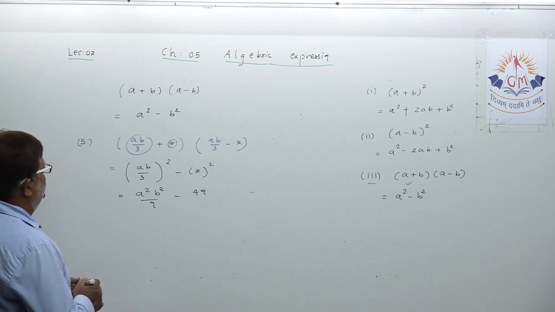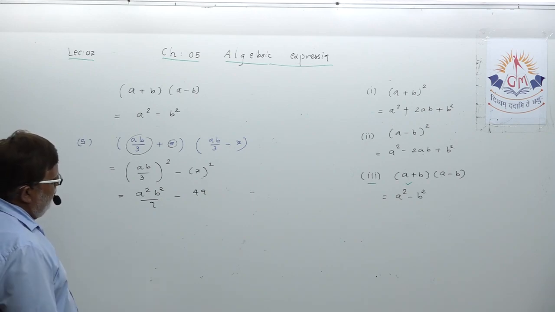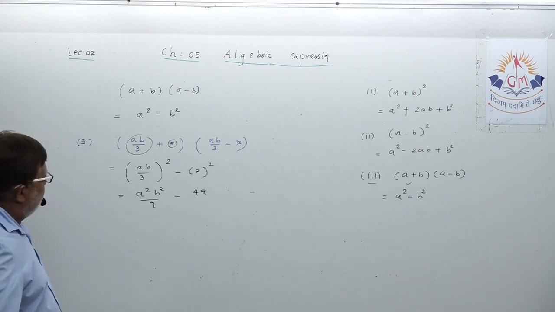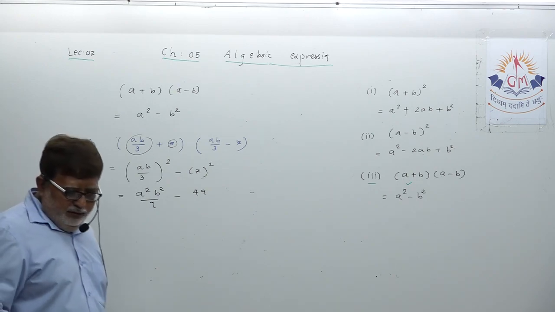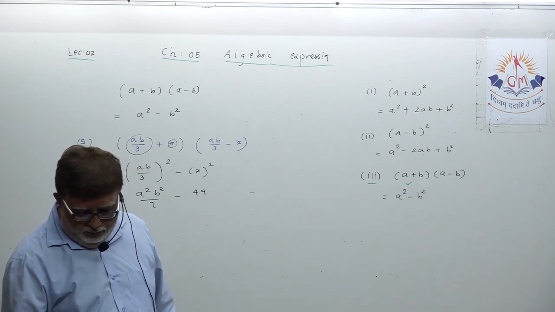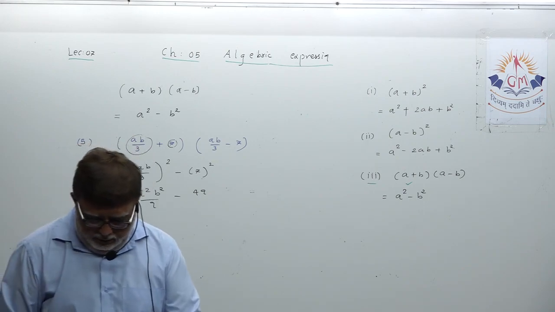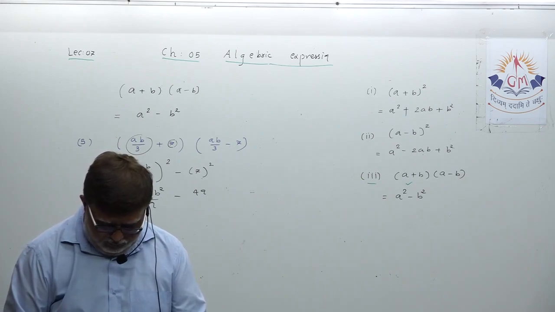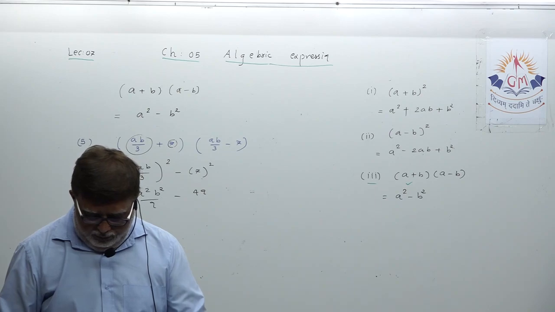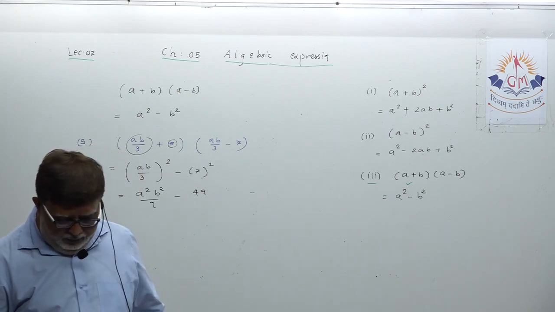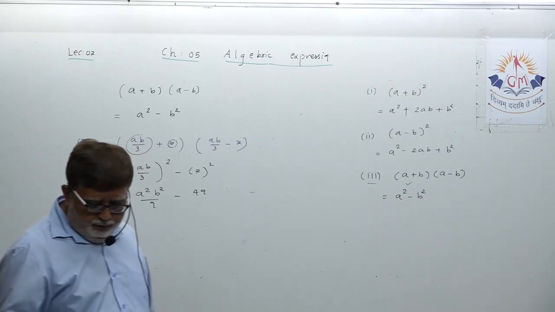You understood this? A plus b into a minus b. You need to concentrate on this, okay? I think many examples I have taken, and they are sufficient to understand this particular identity. Just concentrate on a plus b into a minus b. That is the only important thing for you.